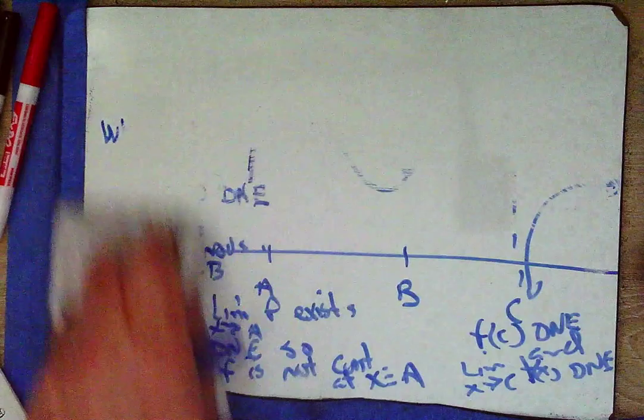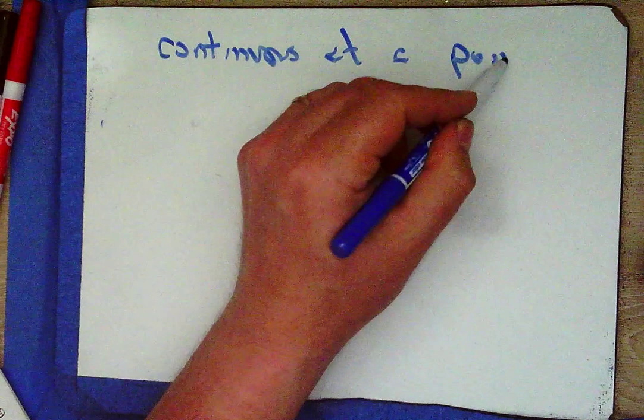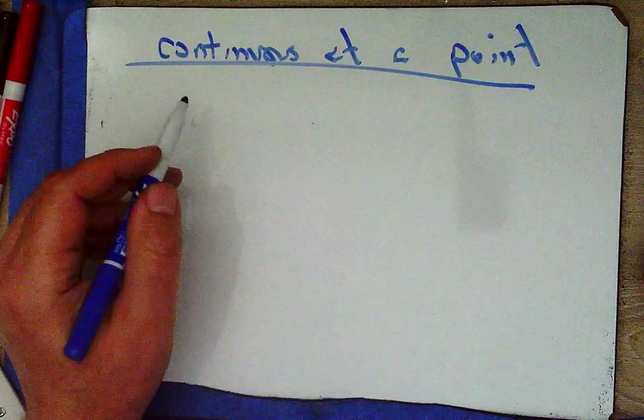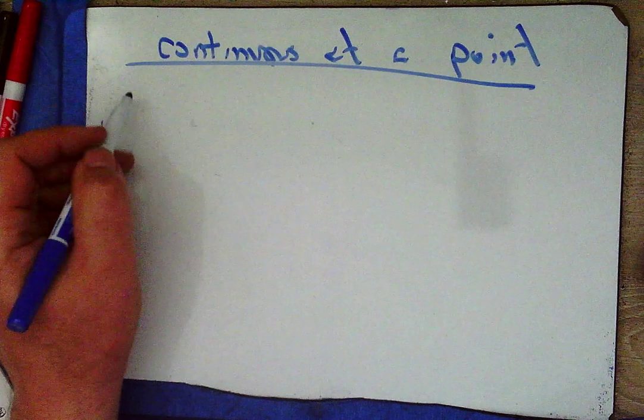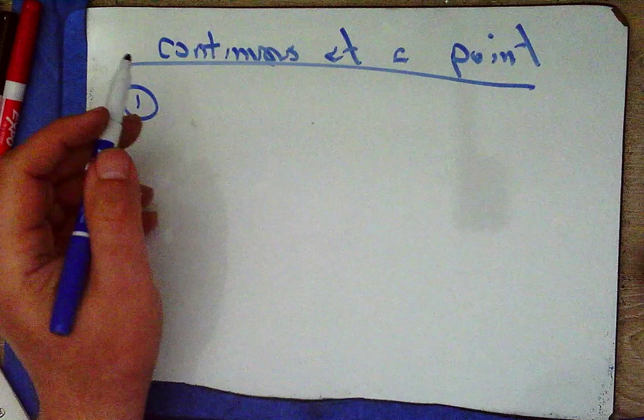Again, just want to stress we have a three-part definition of point continuity. Continuous at a point. And you need to be able to refer to these three parts in explaining why something is or is not continuous.